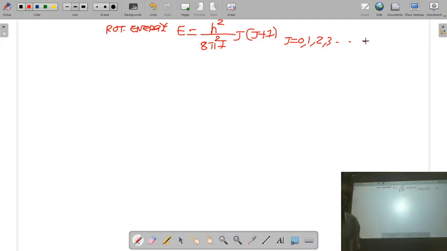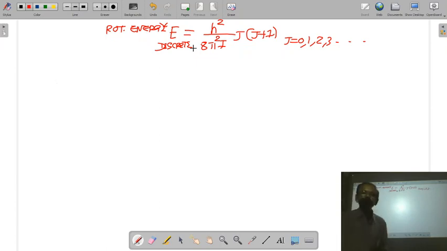If you put different values of the rotational quantum number J equal to 0, 1, 2, 3, you will get discrete values of energy. So the energy is discrete.